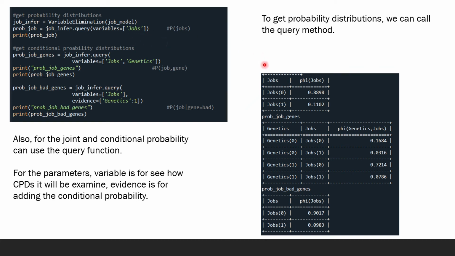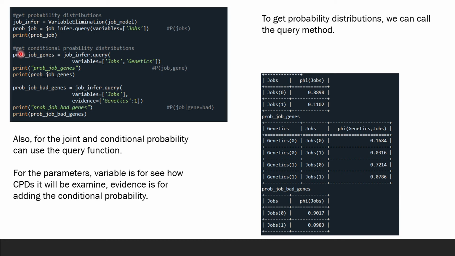So we will have here the probability of job. For job 0 and job 1, you remember that job 0 means no job, you don't get a job, and job 1 means yes, you get a job. Oh, it is really low here, you only have 11.02% to get a job. Oh man, do I get a job?